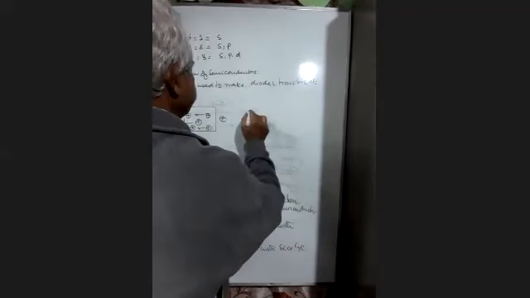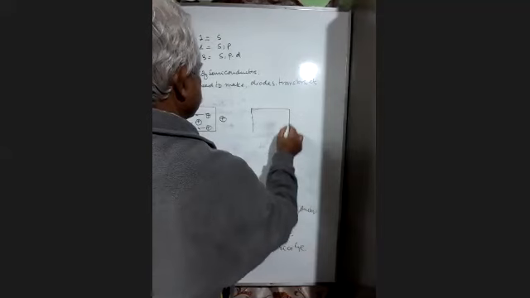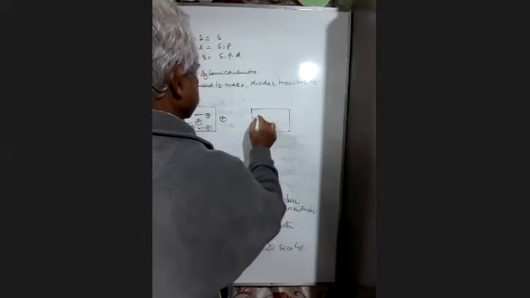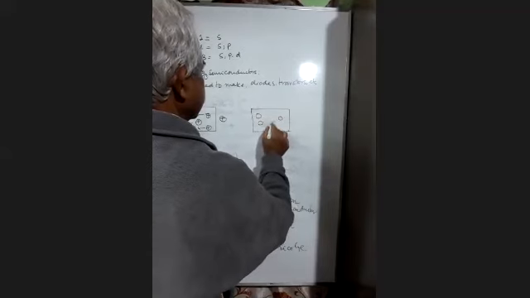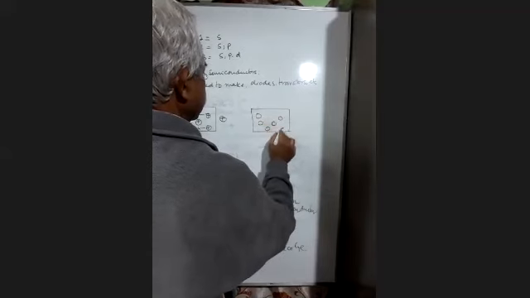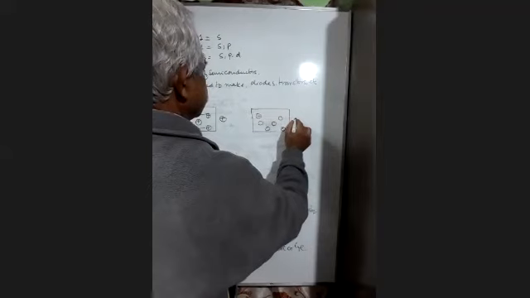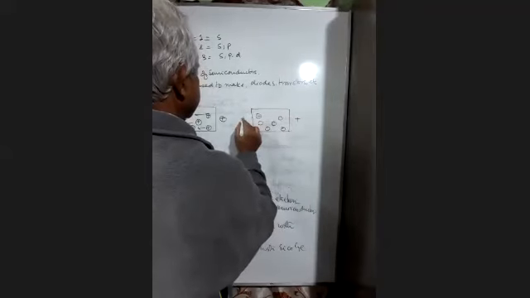And for N type, electrons are extra. So this is positive, and this is the negative band. This is the positive band.